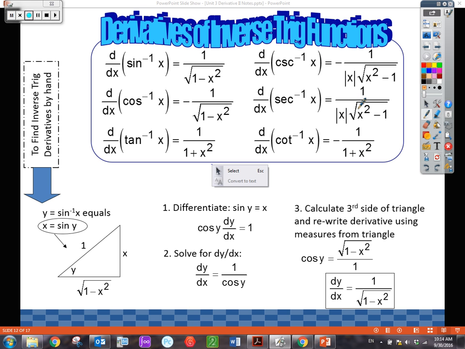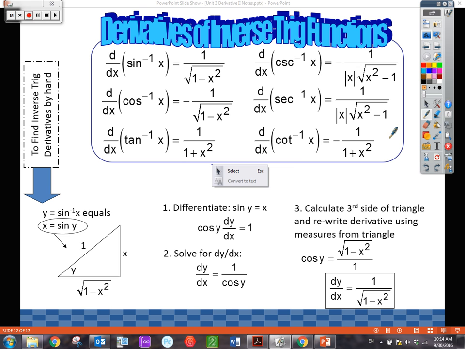On this one, the x squared under the radical is close to it. I just think about proximity. The x squared is close to the absolute value of x, so therefore it's x squared minus 1 instead of 1 minus x squared. See how they're opposites? That's all I've come up with to help me memorize that.